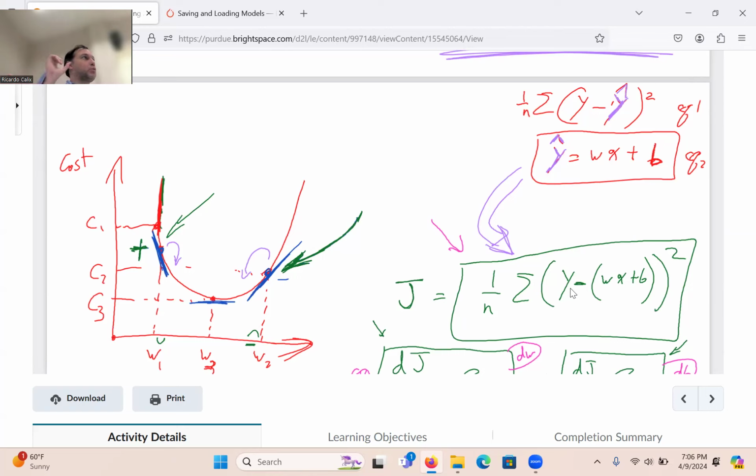Numbers, because it's the real values. So if you have the price of a house, y there is going to be $250,000. That's y. What is y hat? Y hat is a function. Given a value like square footage, which would be x, what is it going to predict? The price of the house. So if the real was 250,000 and it predicts 257,000, okay, it's getting there. It's predicting kind of okay. Do you guys see that?